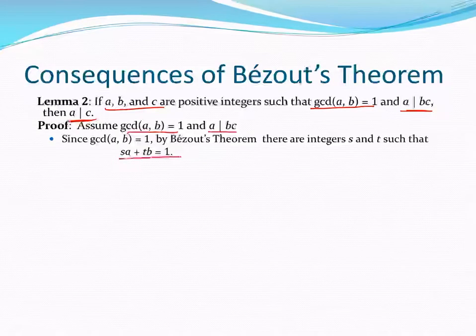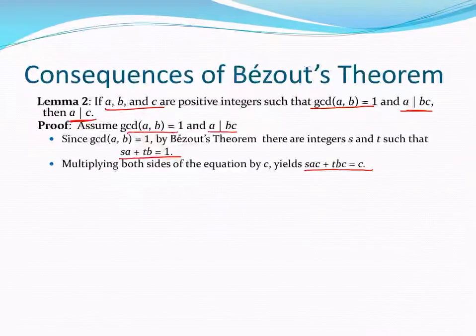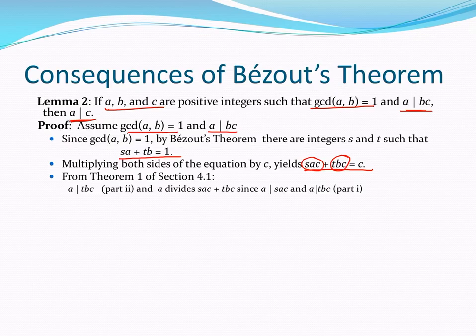By Bezout's theorem, 1 can be expressed as the linear combination of a and b with integers s and t. If I multiply both sides by c, I get this expression here. Well, sac is clearly divisible by a, but b times c is also divisible by a by assumption. And that means a must divide the sum, sac plus tbc, and that means a must divide c.